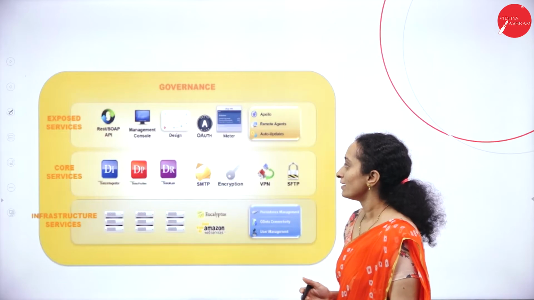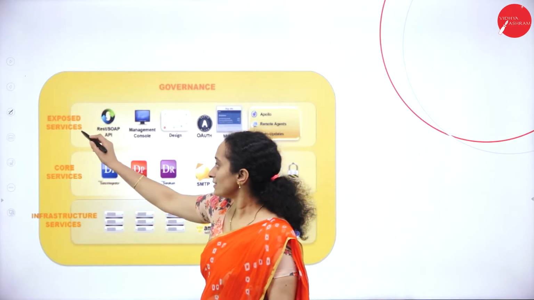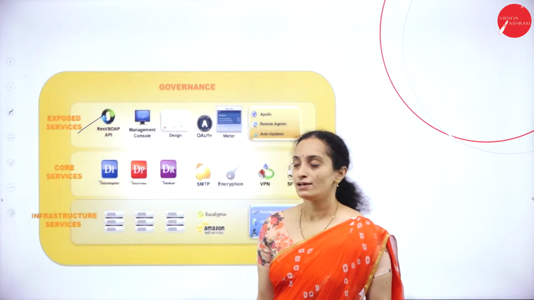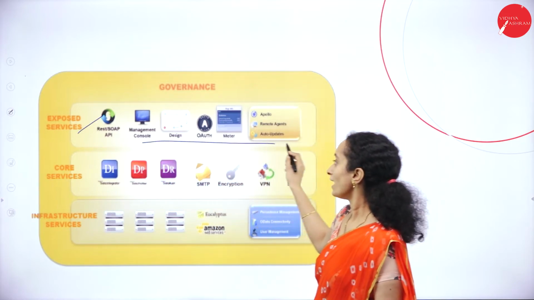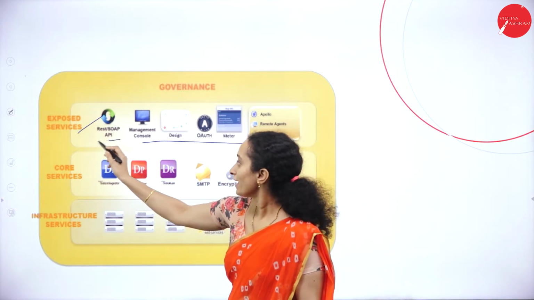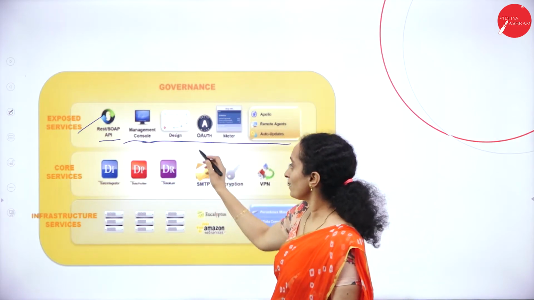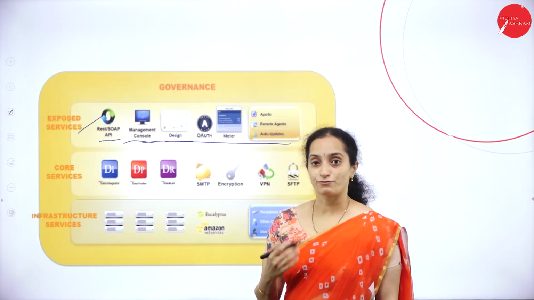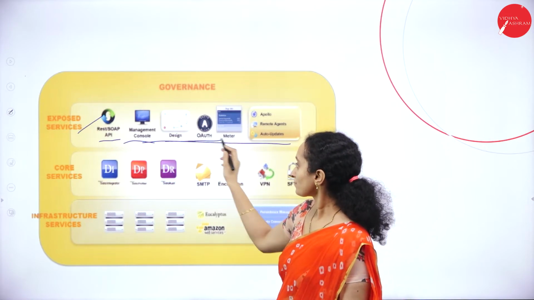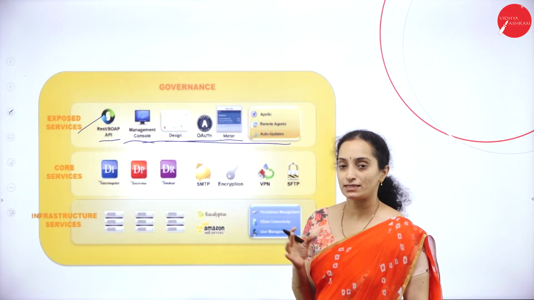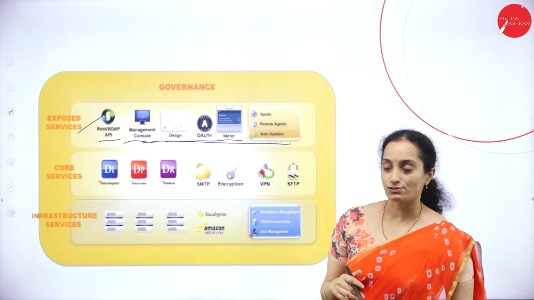All right. Here we have the governance. These are the exposed services which are visible to the client, like APIs, a manageable console. Even the console will be given with different kinds of design software, different meters, or billing software.